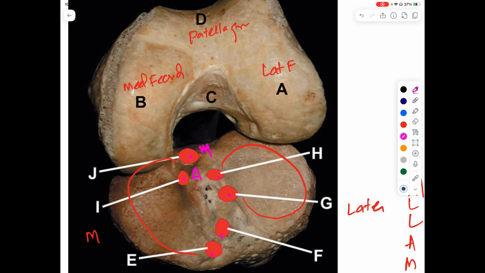So again, this is the medial meniscus, on both sides. The medial meniscal ligament ends at the anterior cruciate ligament, and this is the lateral cruciate. The lateral menisci have their ends very close to each other.